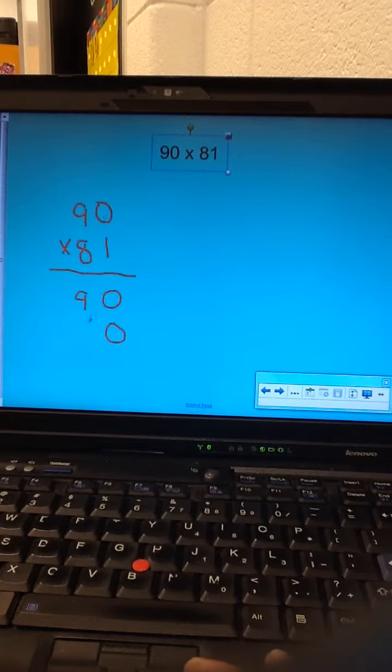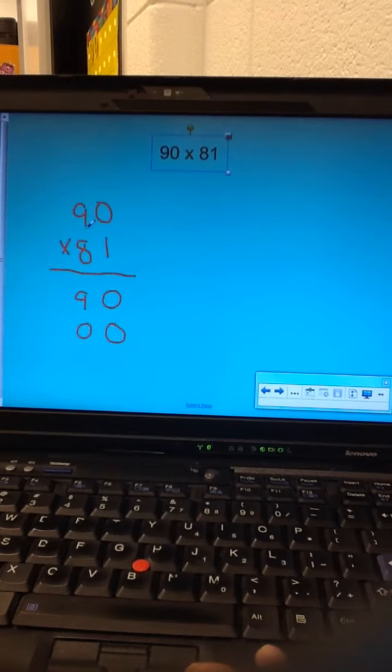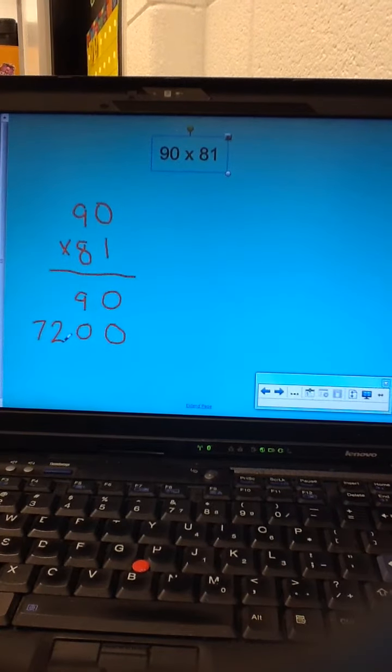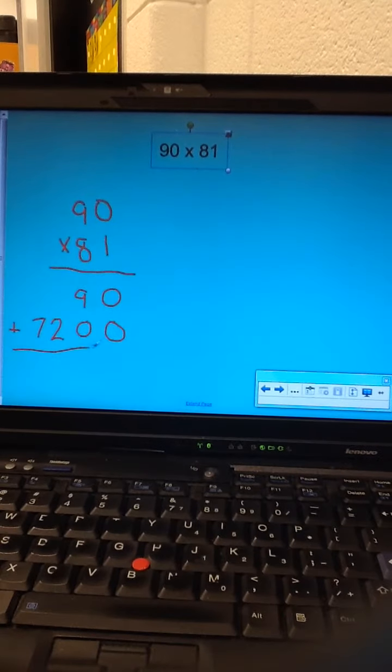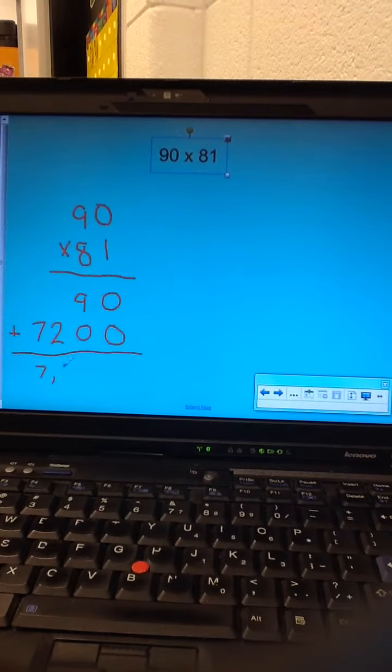And you say 8 times 0 is 0 and 8 times 9 is 72. And we add them together. And our answer was 7,290.